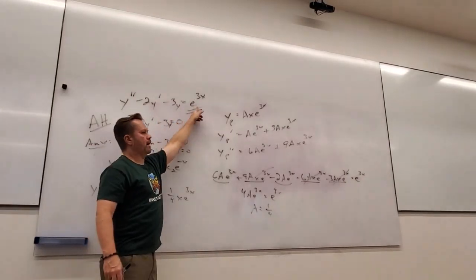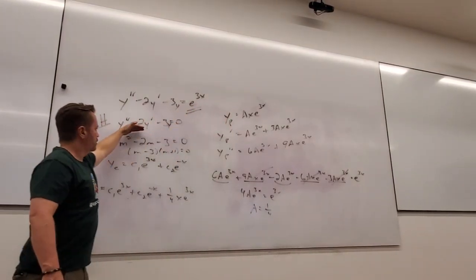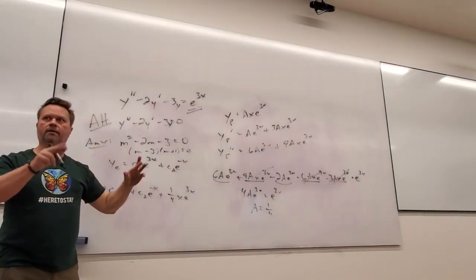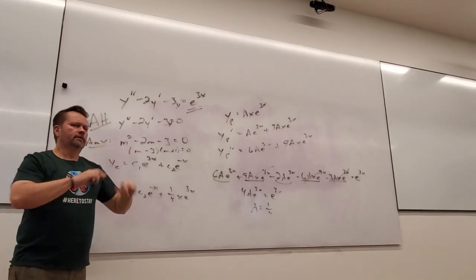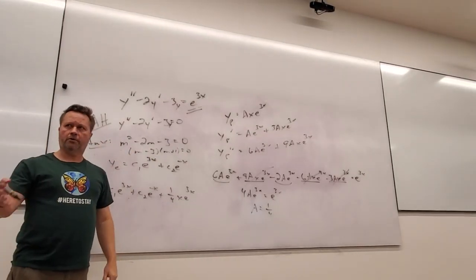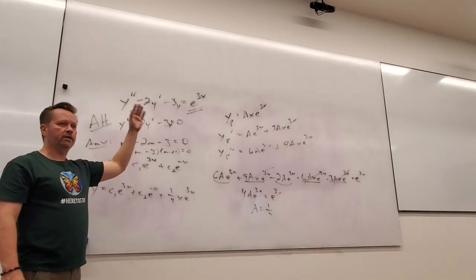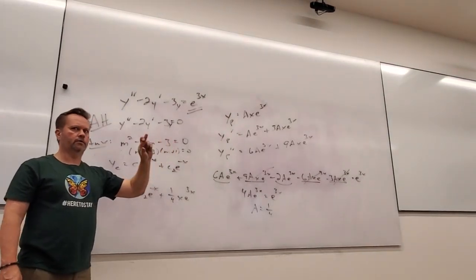The job of yp is to make that happen. The job of these guys is to get out of its way, to make it 0. Does that make sense? So does everybody agree, whatever yp is, it must be linearly independent from either of these?